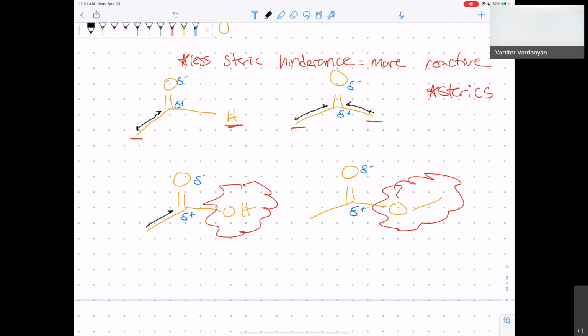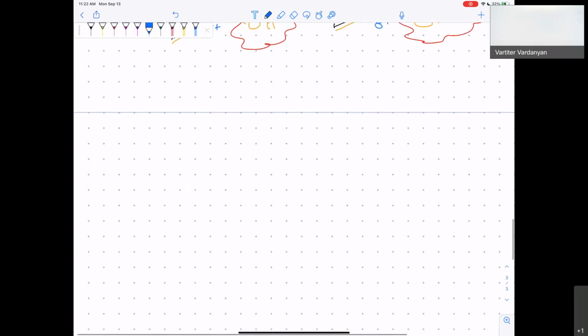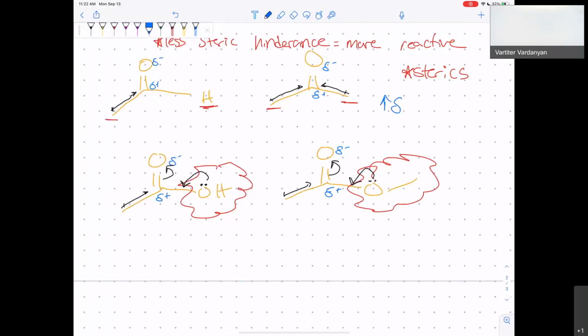This one has one donating group, and then it has the one resonance donating group. And same here, it has the resonance donating group. So the one with the least amount of donating groups is going to be the most delta plus, which means this is more delta plus than this one, and this is more delta plus than either of these two.